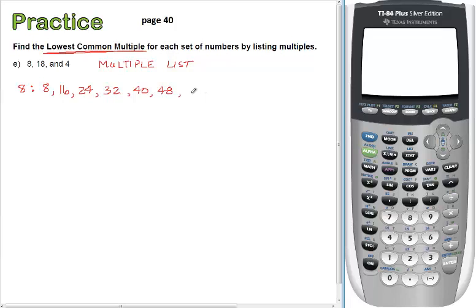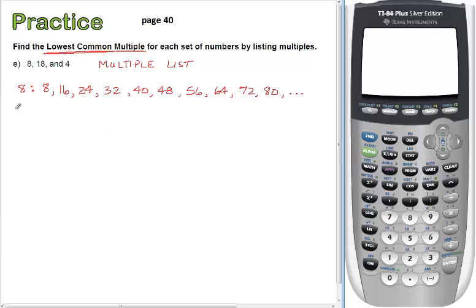That's 6 times 8, 7 times 8 is 56, 8 times 8 is 64, 9 times 8 is 72, 10 times 8 is 80, and so on. So there's a complete list, up to at least 8 times 10, and it keeps going on infinitely.